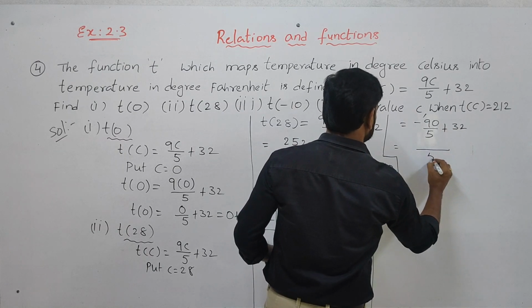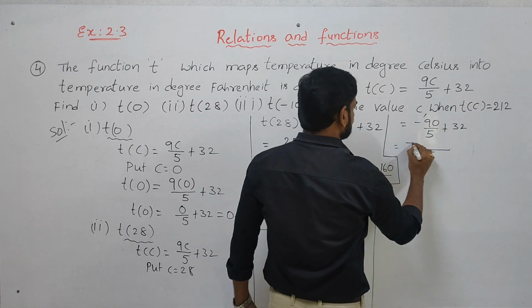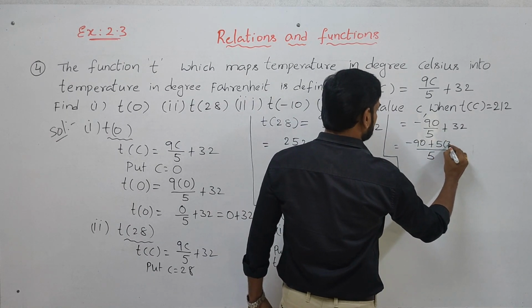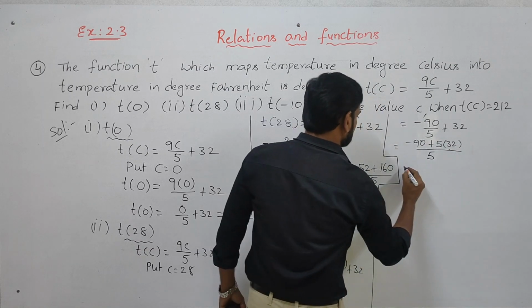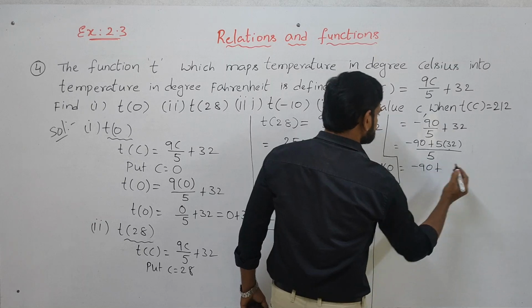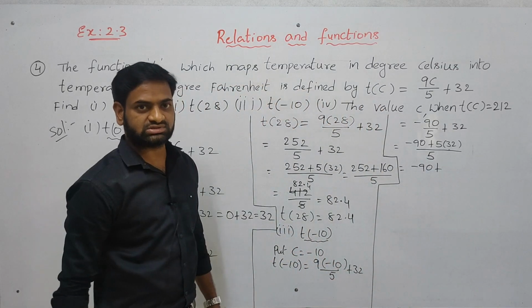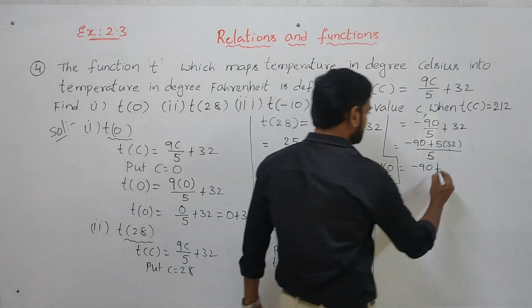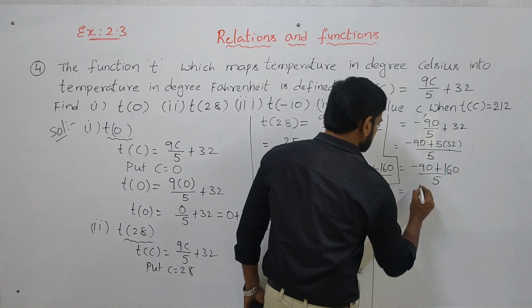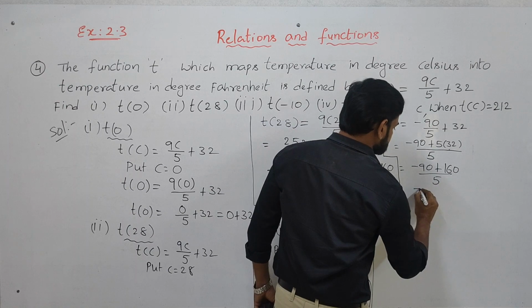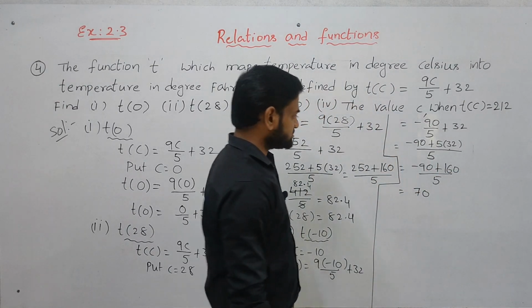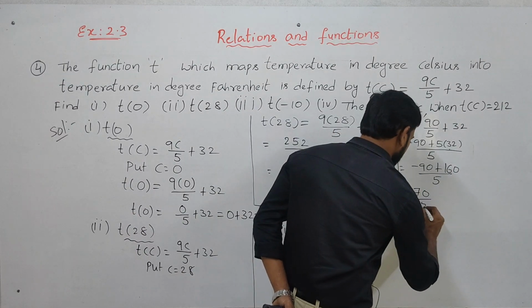Next, here 5 is the LCM, so that is minus 90 plus 5 into 32, which is 160, by 5. 160 minus 90 is 70 by 5.